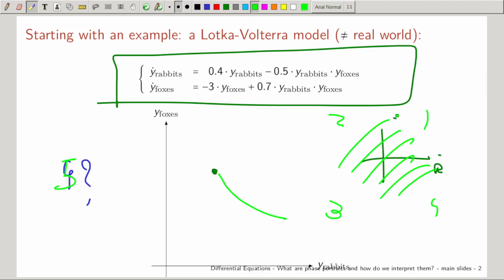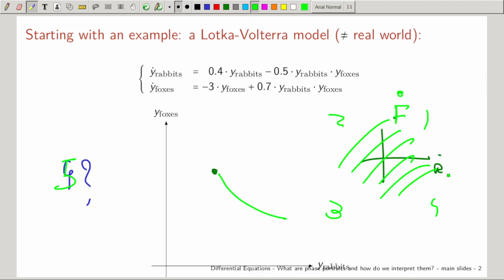So this is foxes dot, and this is rabbits dot. Sorry for this, I'm going to fix it. So what would you say, people? Rabbits is increasing, foxes are decreasing. 4. Okay, together.